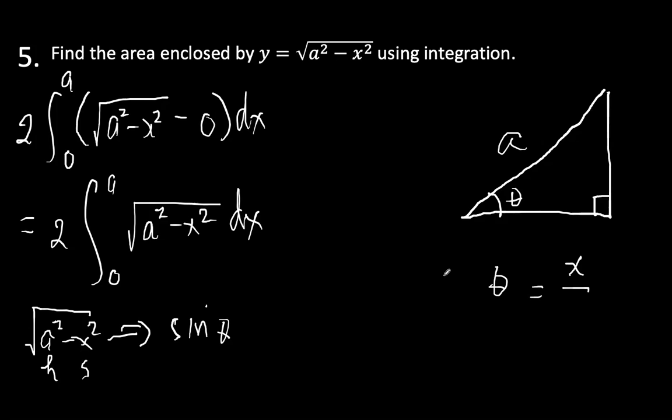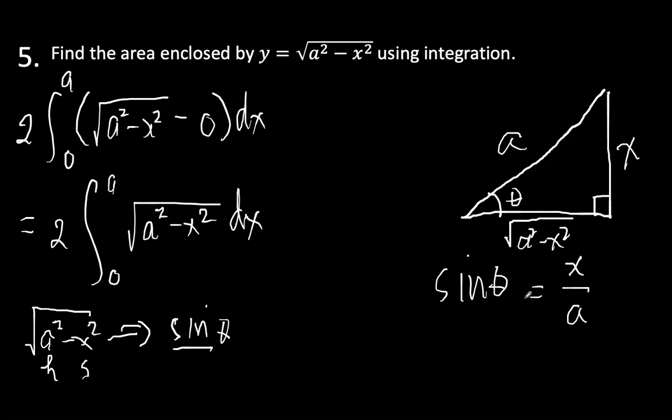Since we're talking about opposite, we could have x here. We can use sine theta, which is opposite over hypotenuse, that's a. Better to use a instead of the other side, which is the square root of a squared minus x squared, to avoid getting more complicated expressions.